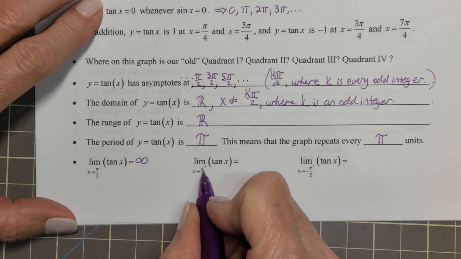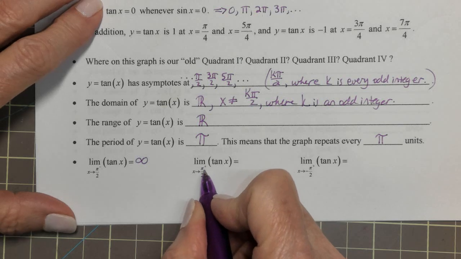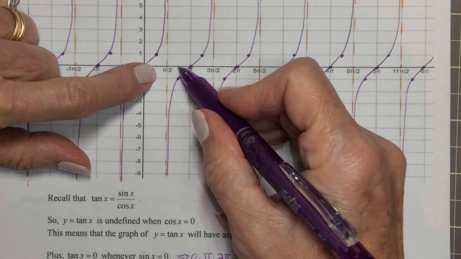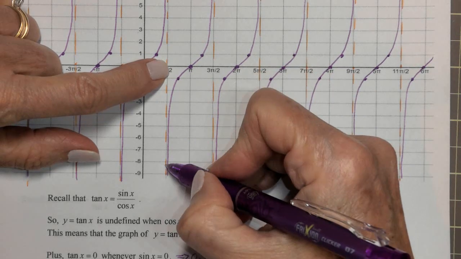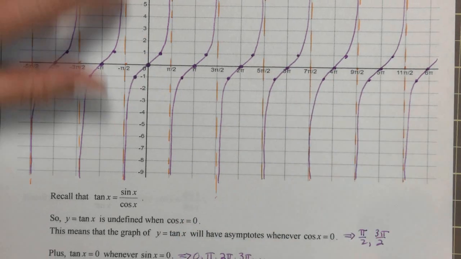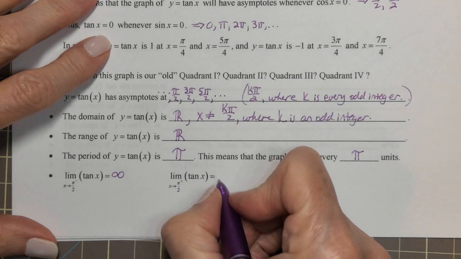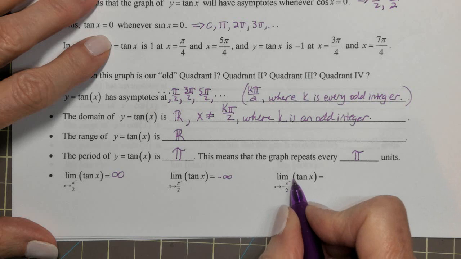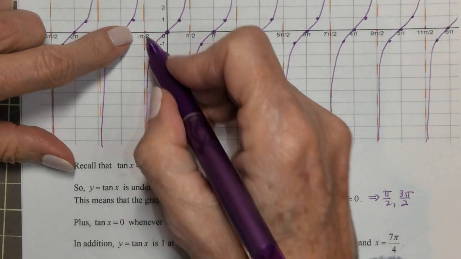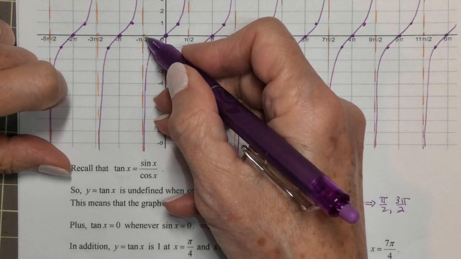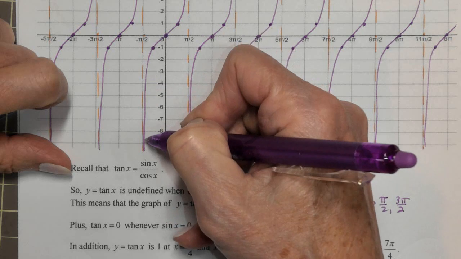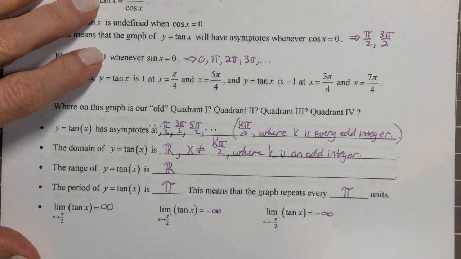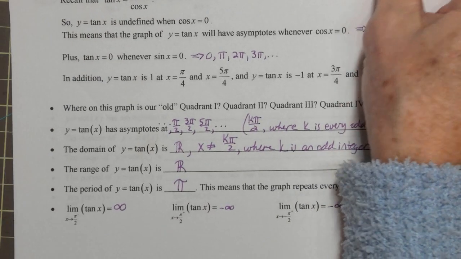What about tangent of pi over 2 from the right? Here's pi over 2. On the right, the graph is going down to negative infinity. So this would be negative infinity. What about negative pi over 2 from the right? That would be negative infinity. A little reminder on limits there.